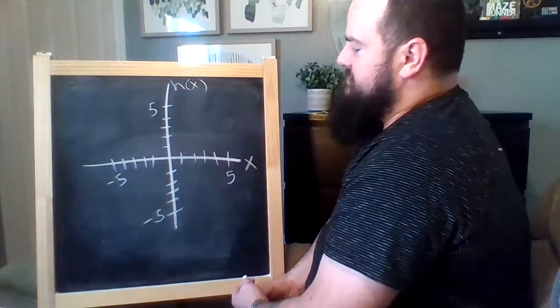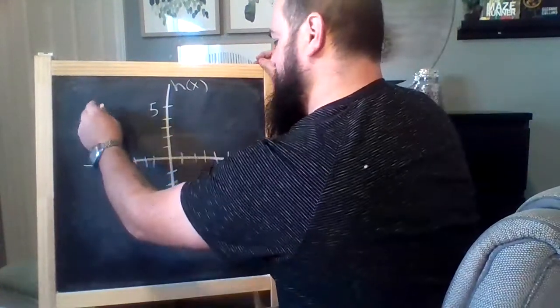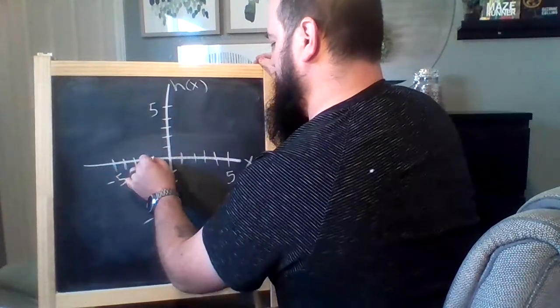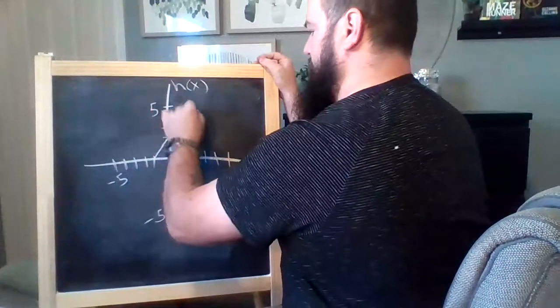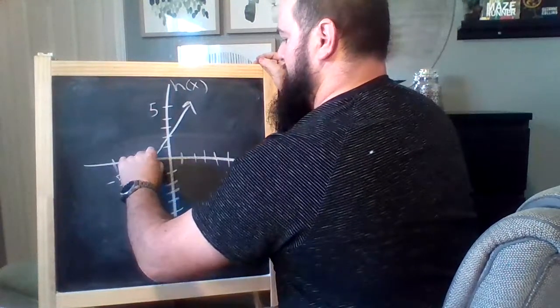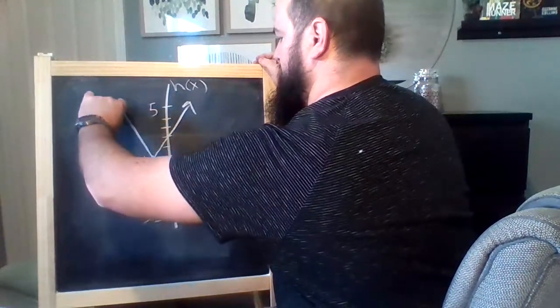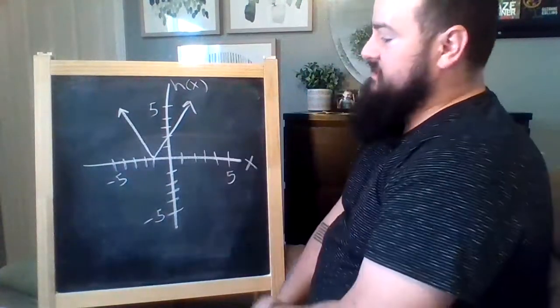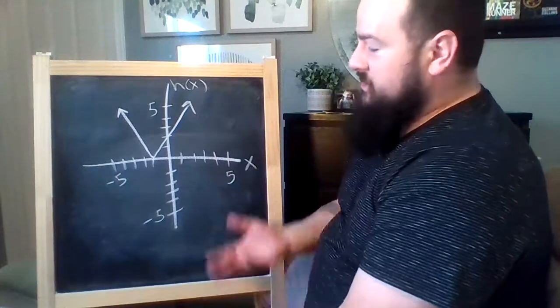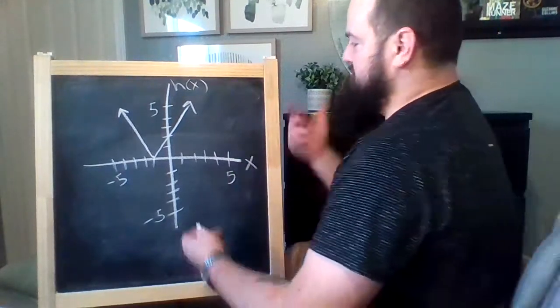So let's think what kind of function I want to do. Let's just make one up. Let's go like that, and similar over here. You may recognize what type of function this is, and that's great, but we don't need to. So cool, easy questions we can ask.